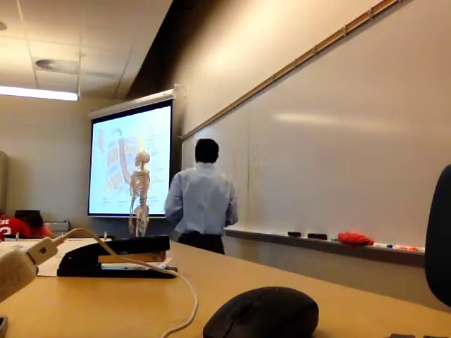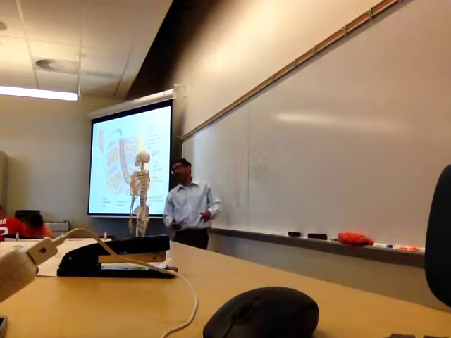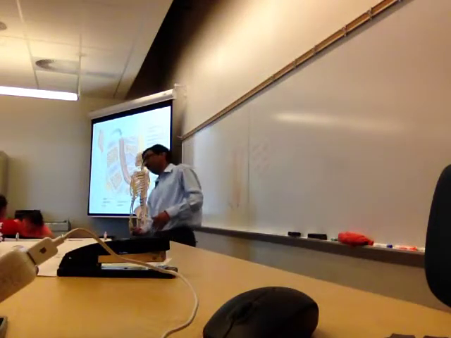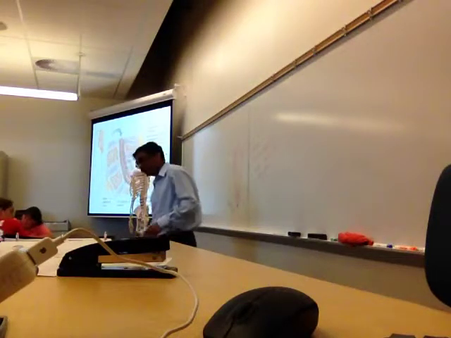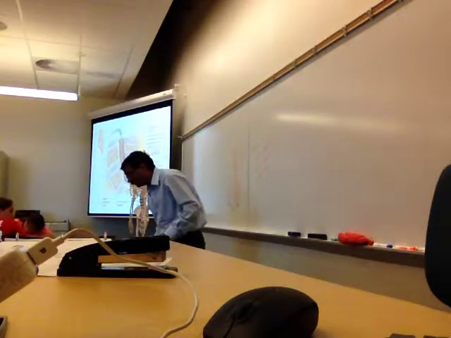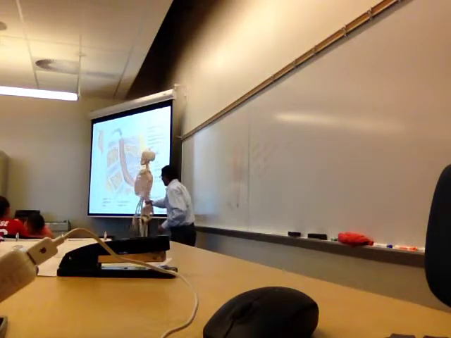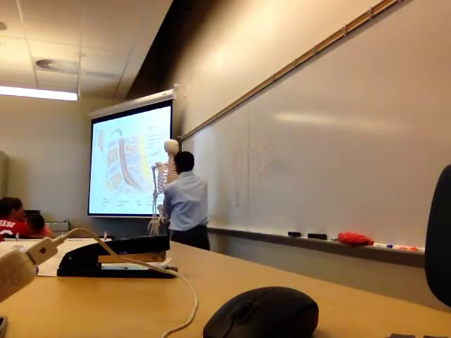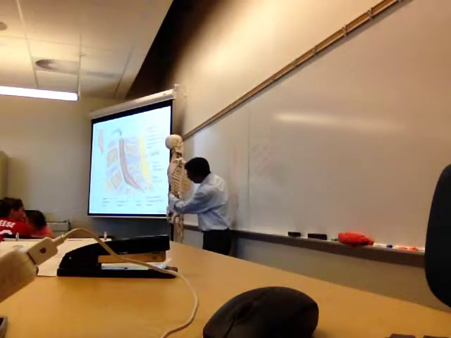Now, how do we do that? We ask the patient to lie down sideways and bend the body forward like this. Move the upper part of the body forward like this. When you do that, in the back of your spine, in between the spinous processes, you have spaces.